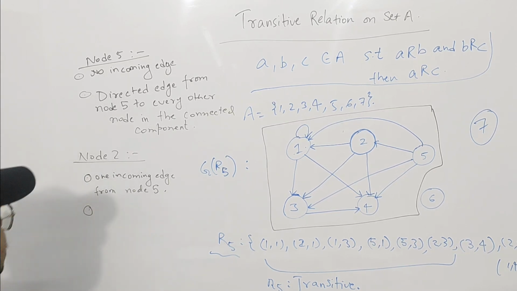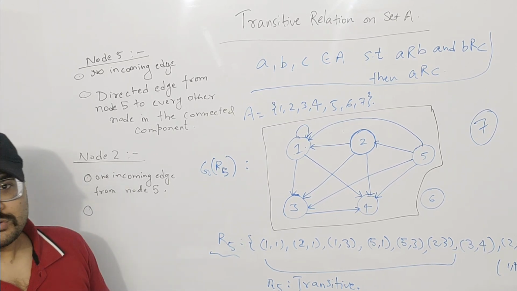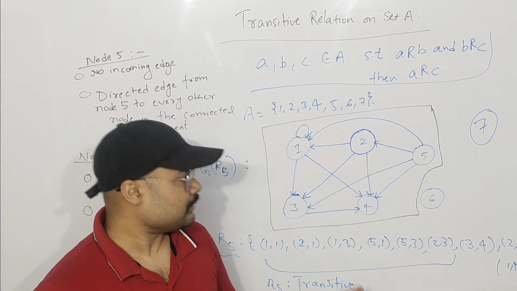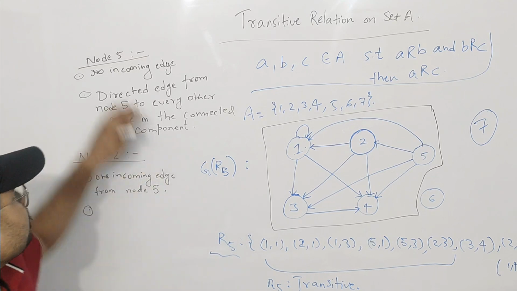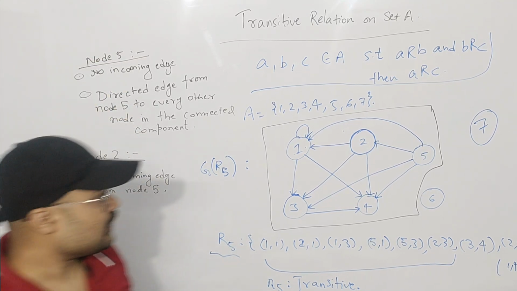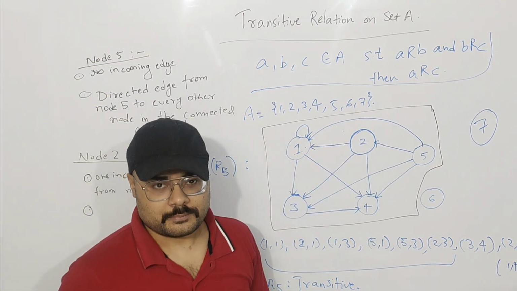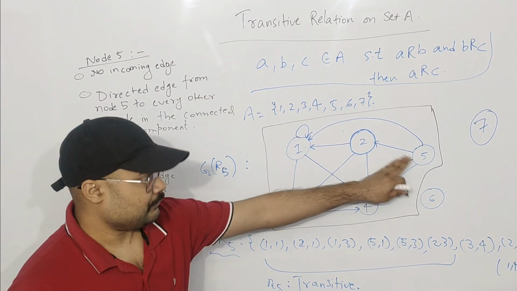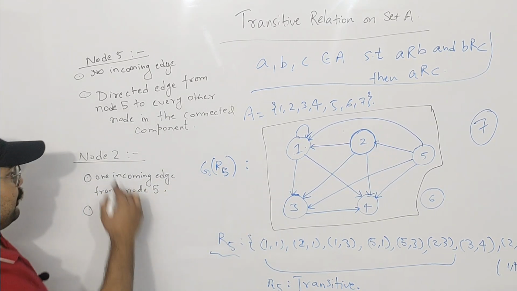And if you observe, I'm going through a sequence. I have started from 5 on purpose. I am writing all these observations starting from 5 on purpose. So one incoming edge from node 5 to node 2.